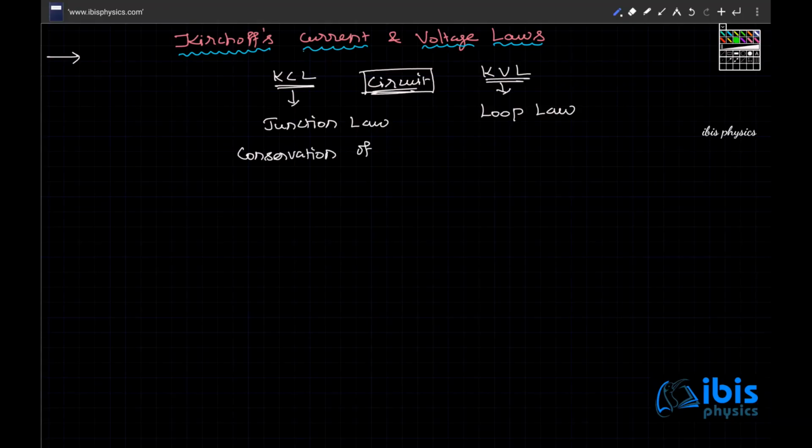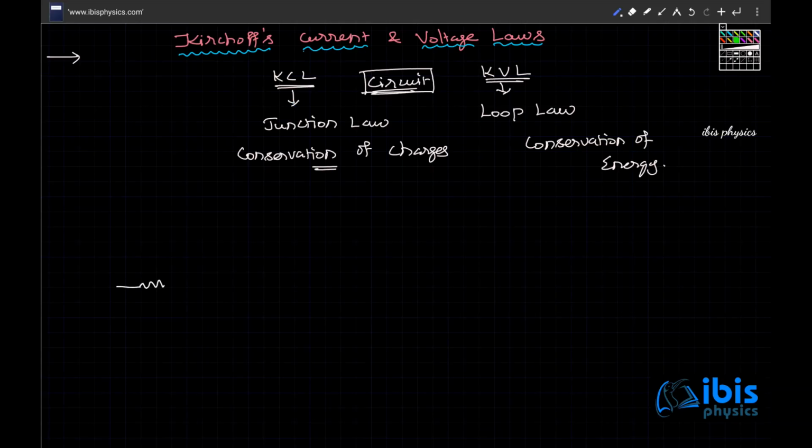We derive Kirchhoff's current law from conservation of charges, and Kirchhoff's loop law from conservation of energy. So Kirchhoff's voltage law is based on conservation of energy, and Kirchhoff's current law is based on conservation of charges. Then how do we apply Kirchhoff's current law in a circuit?